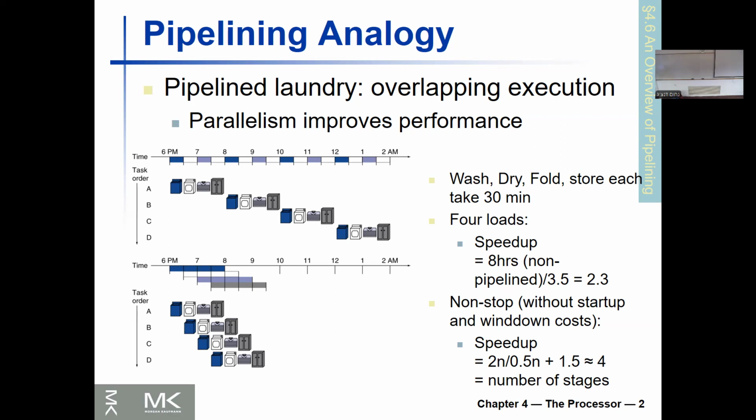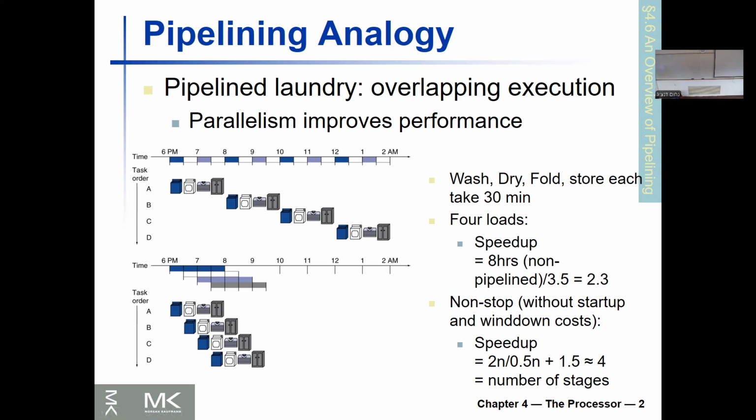So then what is the speed up? Well, then the speed up would be 4, right? It would be 4 times faster. Instead of each load taking me 2 hours, it would take me a half an hour. Every half hour I get a load. So that's what we wrote over here.